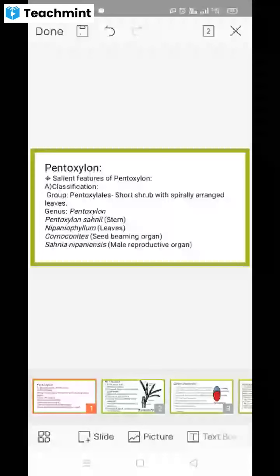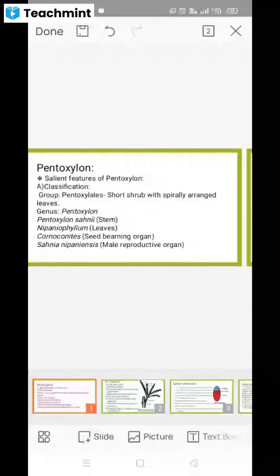Then the fossil of the seed-bearing organ, which is also called the female organ, is known as Carnoconites. Then the last one, the male reproductive organ fossil, is named Sahnia nipaniensis. So one by one we discuss in today's lecture.